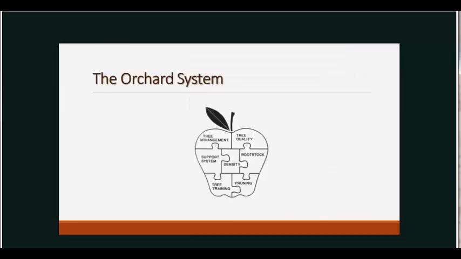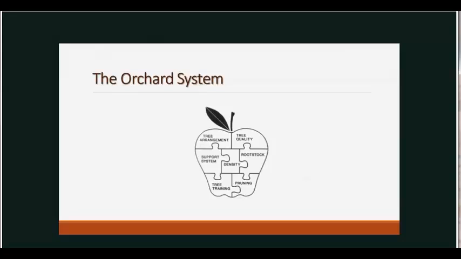If you're considering planting apples, whether you're planting a small orchard or going in a larger direction, or even if you just have a couple of trees in your backyard, we usually have several components of the actual orchard system. And so I have an apple fruit here on all the components that go into producing a quality fruit. And you see one of the interlocking pieces is the rootstock.